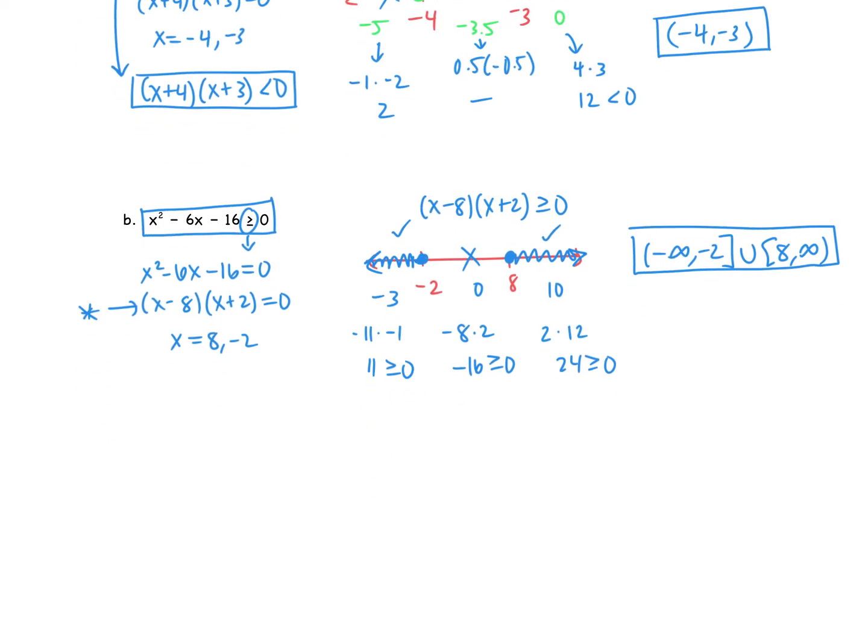I want to clarify something real quick. What I saw on the day 20 homework, for those of you who turned it in, what a lot of you showed is you showed this work here, and then you showed a number line and an answer. But you showed no way from how you got to the number line to the answer. So in other words, you were missing all of this work right here.